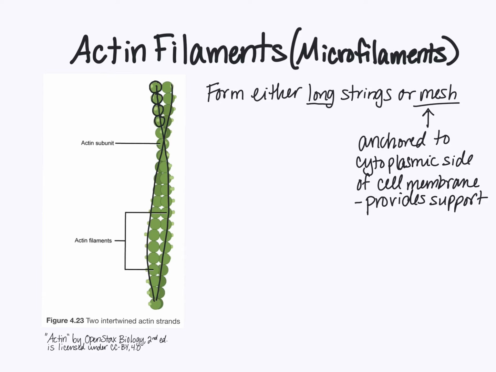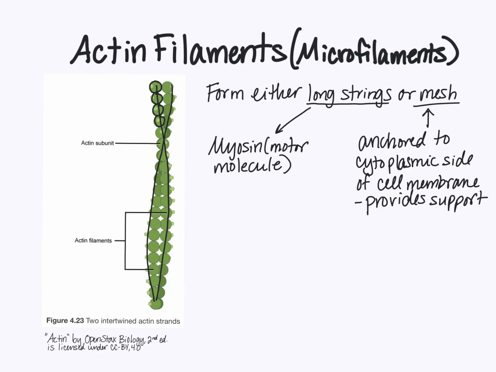The long string-like actin filaments can also interact with other molecules known as motor molecules. And so actin actually typically works with a motor molecule called myosin. And in working together, they can help to produce movement in the cell.